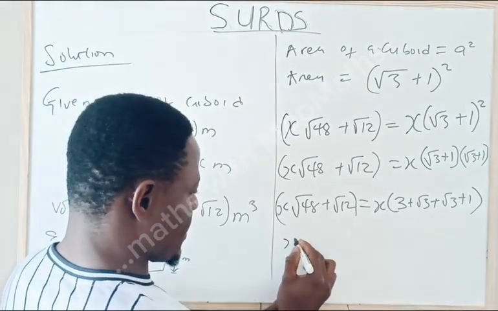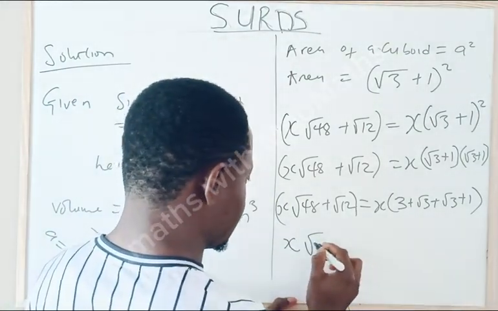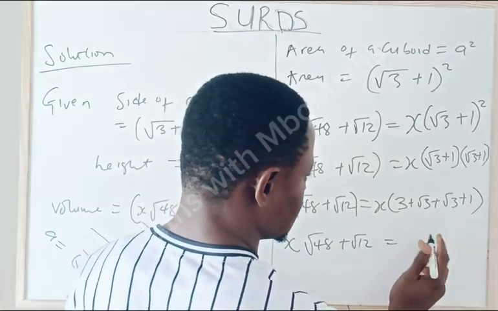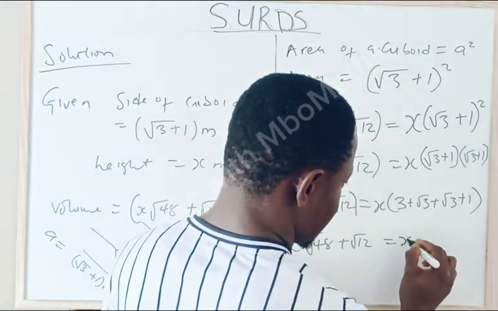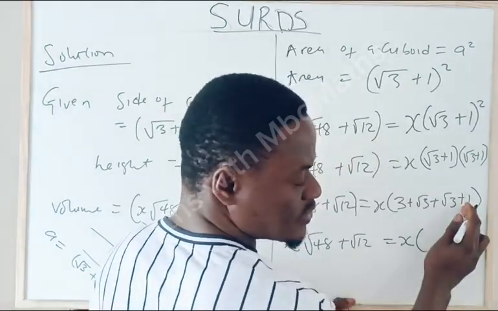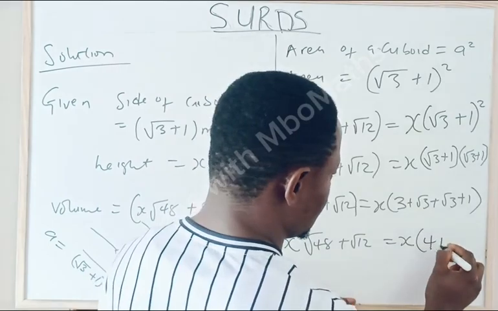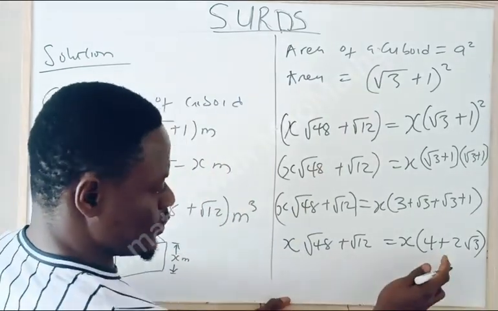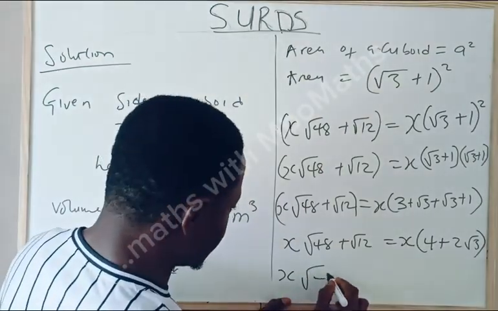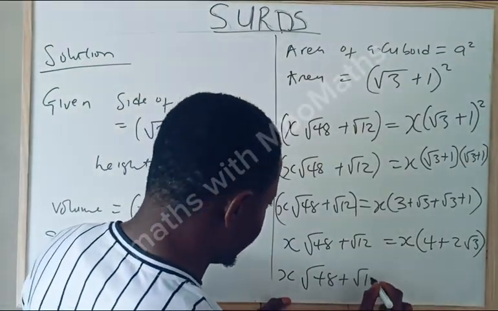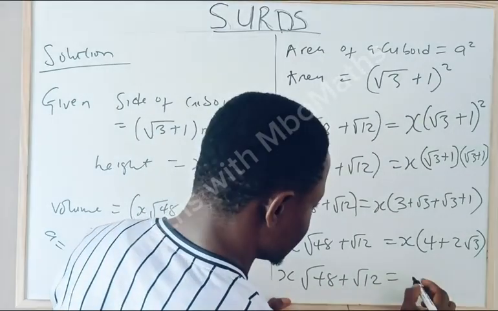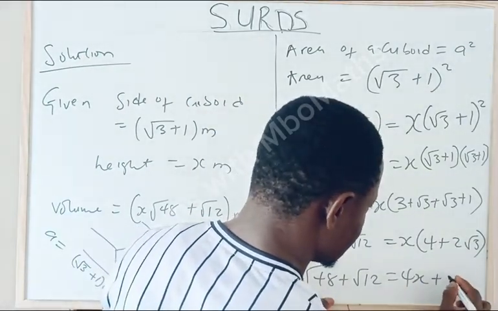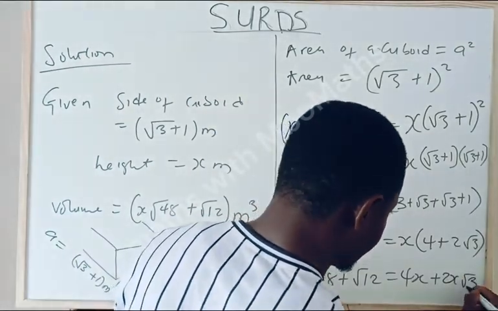So you have x into root 48 plus root 12 is equal to x into 1 plus 3 plus 1, 4, plus root 3 plus root 3, 2 root 3. If we open this bracket, we have x root 48 plus root 12 is equal to 4 times x, 4x, then x times 2 root 3, plus 2x root 3.